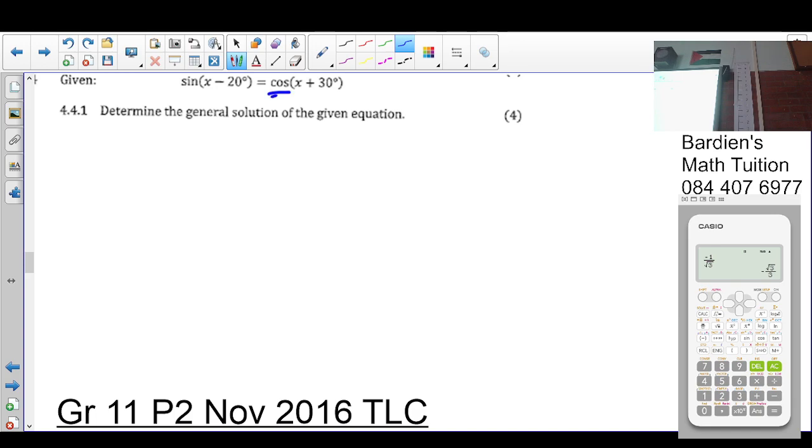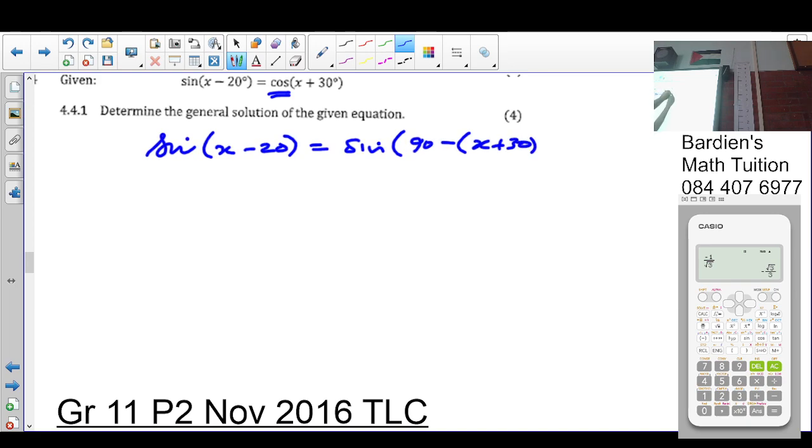Alright, so firstly we're going to change cos to sine. How do we change sine to cos or cos to sine? By using its co-function relation. So it's sine of 90 minus the angle in question. Not so? So I can drop this. So my reference: x minus 20 is equal to 90 minus 30 is going to give you 60 minus x.